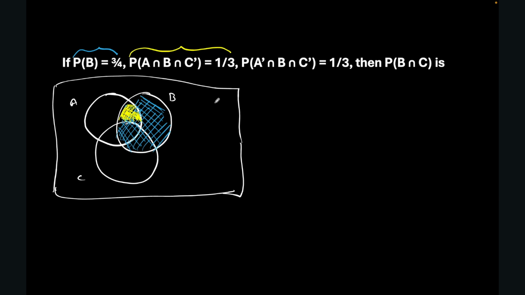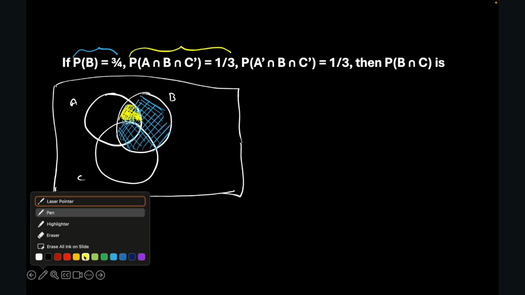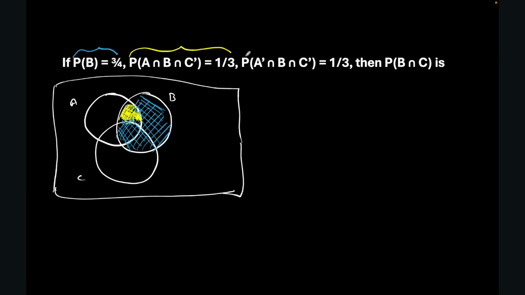So this is 1/3. Now, what are they saying in the third expression right here? They're telling me that A complement intersecting B intersecting C complement is 1/3. Well, this area, believe it or not, is just this part, right?